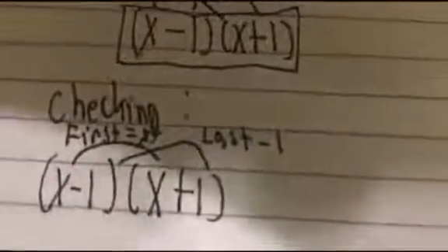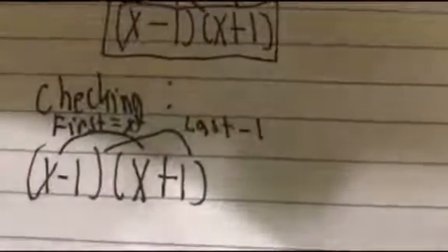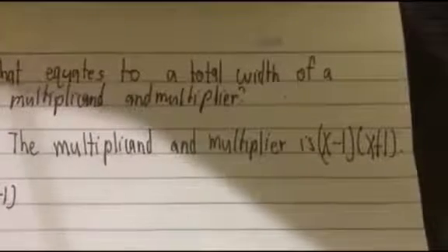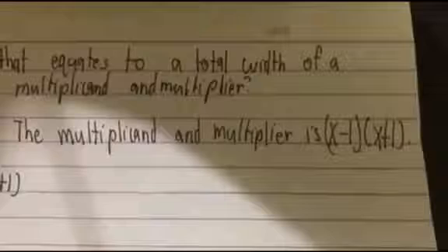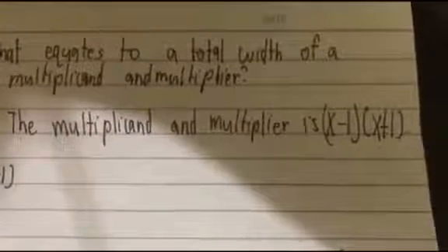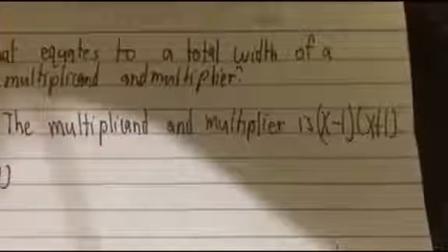For the first term we get x squared, and the last is negative 1. Therefore, the multiplicand and multiplier are open parenthesis x minus 1 close parenthesis multiplied to open parenthesis x plus 1 close parenthesis.